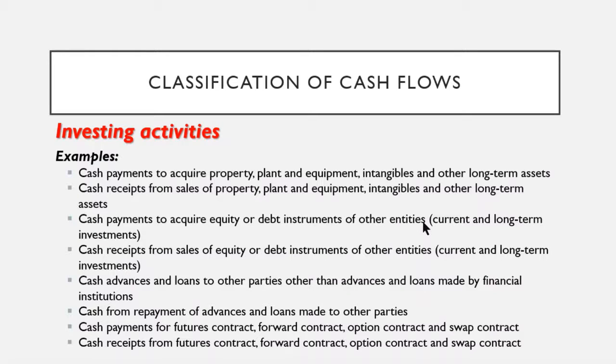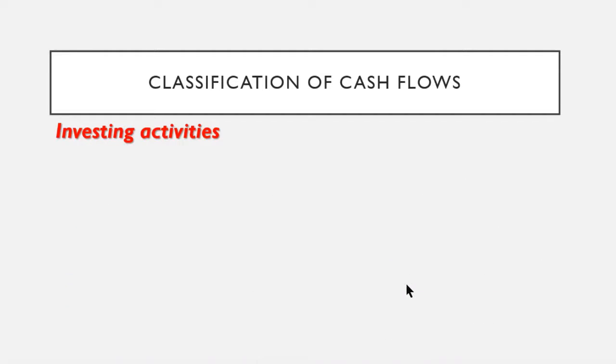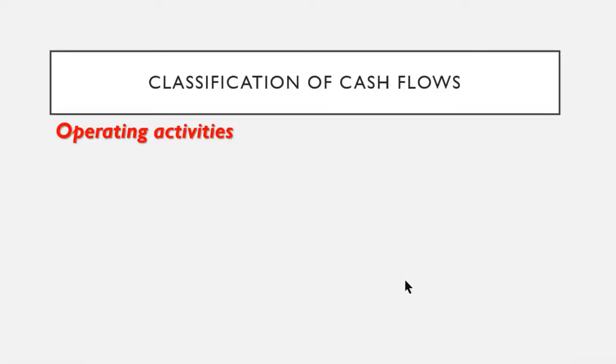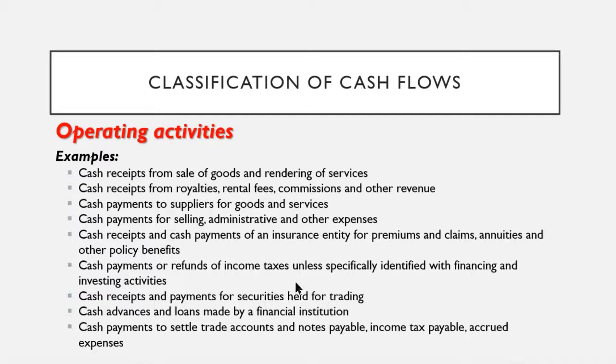So that's part of the investing. Receipts from sales. Advances and loans to other parties, other than advances and loans made by financial institutions. Because if you can recall, if it is an advance or loan from a financial institution, like the example we had here, that is part of the operating activities.